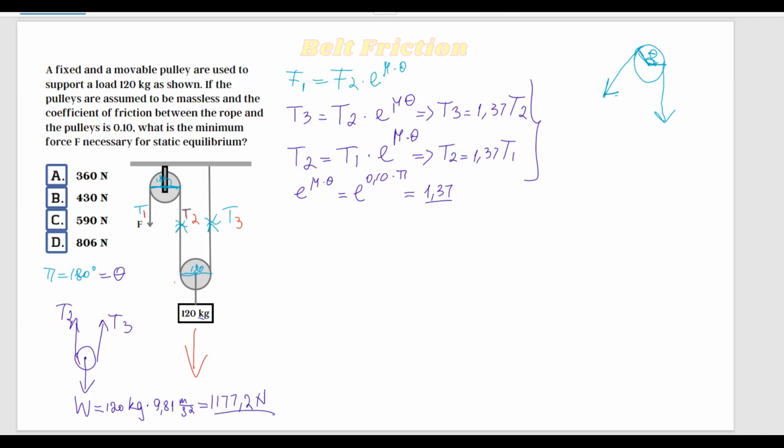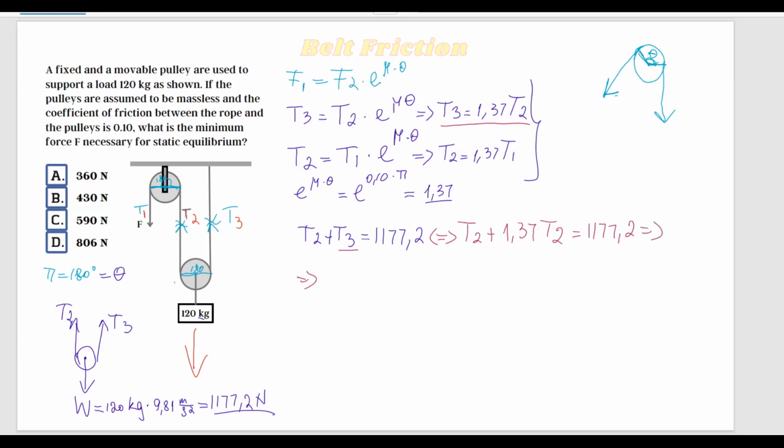So if we write the equation for this free body diagram, we're going to get that T2 plus T3 is equal to 1177.2. If we rewrite this equation and substitute T3, this can also be written as T2 plus 1.37 T2 equals 1177.2.